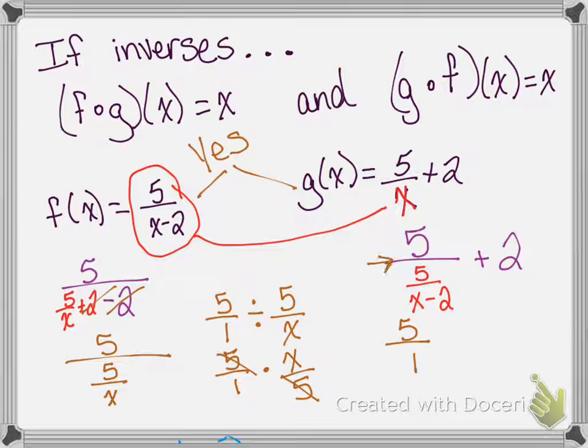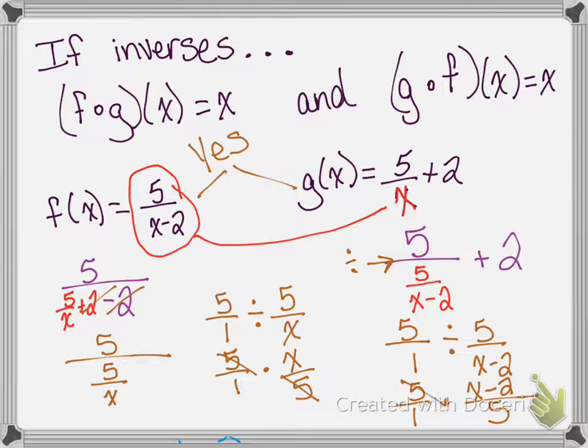What operation is this right here? Is it division? Then I am dividing 5 over x minus 2. So that is 5 over 1 times x minus 2 over 5.